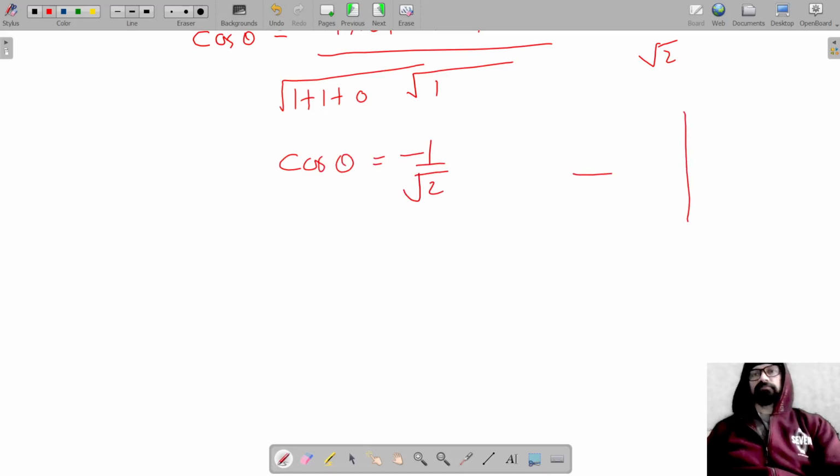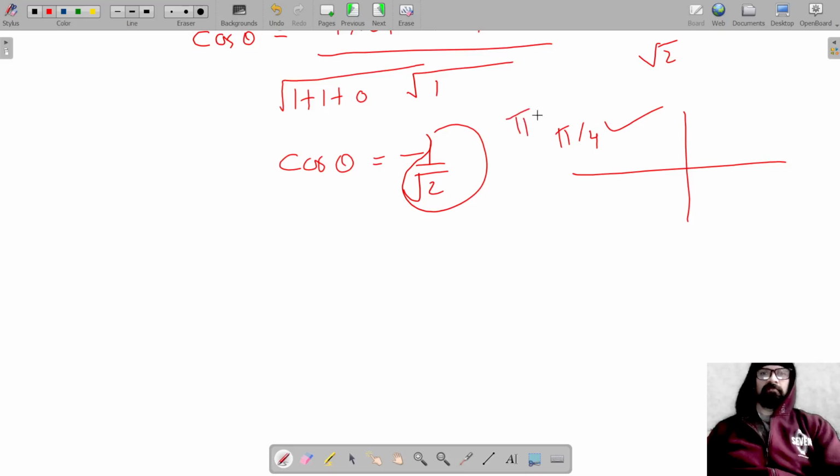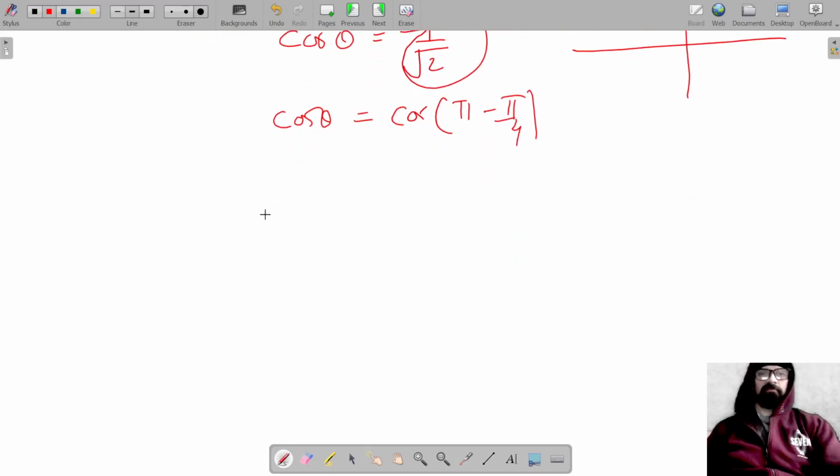Now, cos is negative in the second quadrant, and the base angle for 1 by root 2 is pi by 4. So to stay in the second quadrant for negative cos, I can write it as cos of pi minus pi by 4, which gives the value negative 1 by root 2.